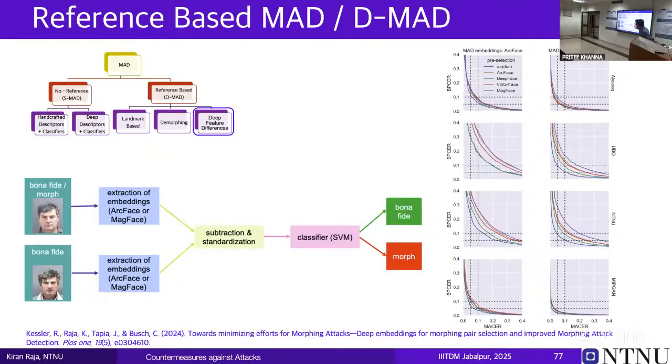The classifier could be SVM, it could be linear regression, whatever the one that you like, you can plug it in there. Here it shows some different samples on how it works, and here you can look at the modularity, right? In the modular scenario, you can use ArcFace, you can use MagFace. Tomorrow, if there is a better system that is coming out, you can also plug that one back in. It gives a modular approach for that.